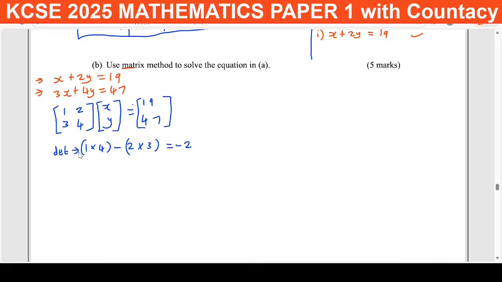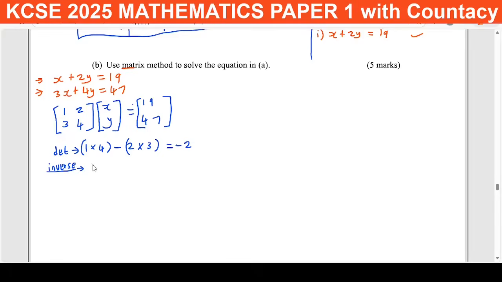So after being able to find the determinant, the second thing that you find is the inverse of the matrix. And you see, I'm really going step by step, such that everything that you're working out is helping us to work out the step that follows. So to find the inverse of a matrix, we usually do 1 divided by the determinant of that matrix.